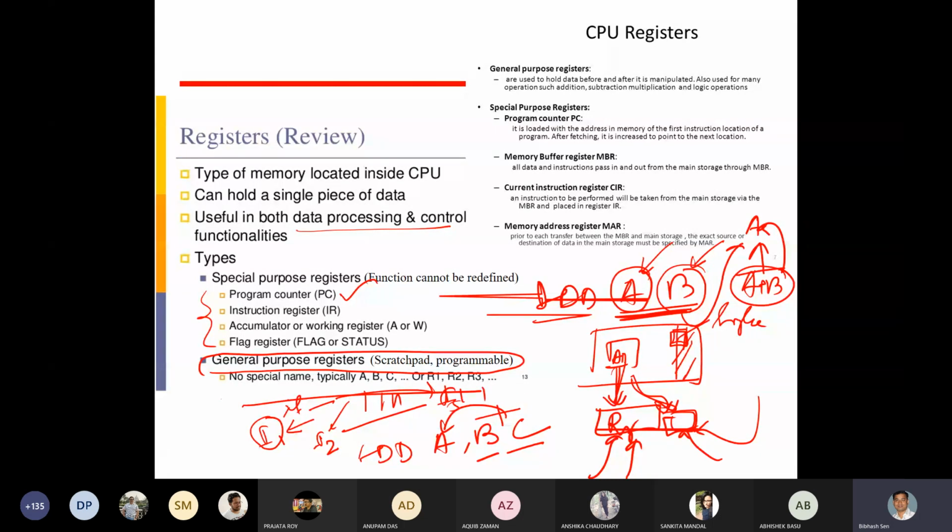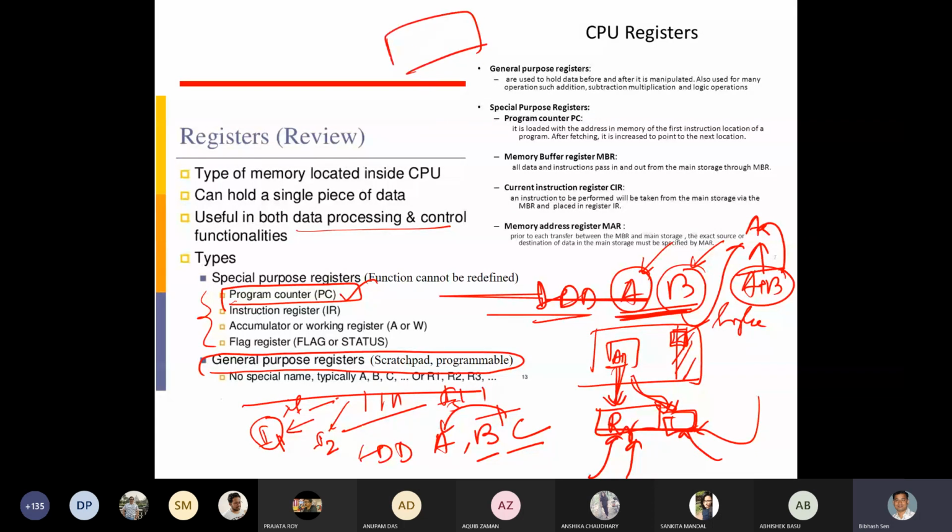Is it clear? So after I1 you may jump into the middle of the instructions I5, I6, I7, or maybe after I1 you go to I2. Whatever it may be, where the CPU will go for the next instruction, that content will be loaded in the PC.